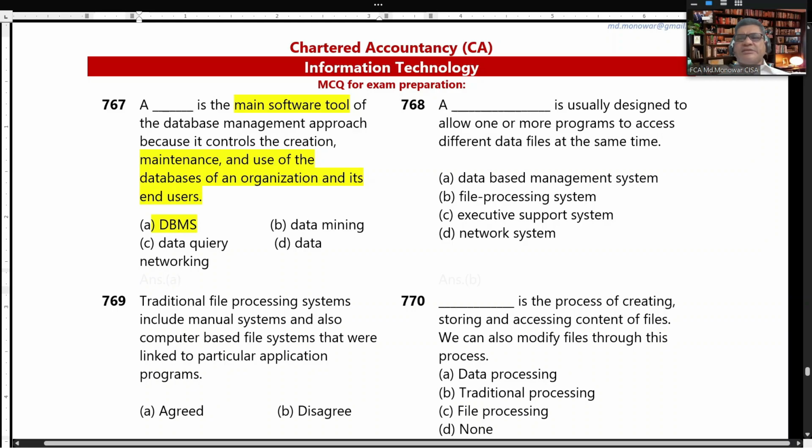If we see 768, a dash is usually designed to allow one or more programs to access different data files at the same time. A file processing system is usually designed to allow one or more programs to access different data files at the same time.